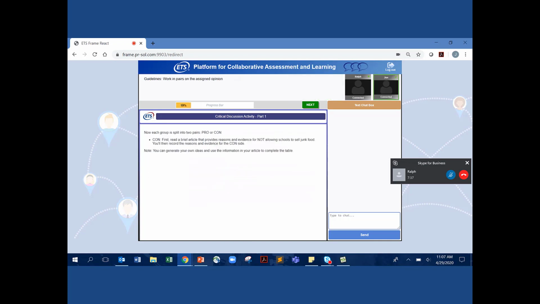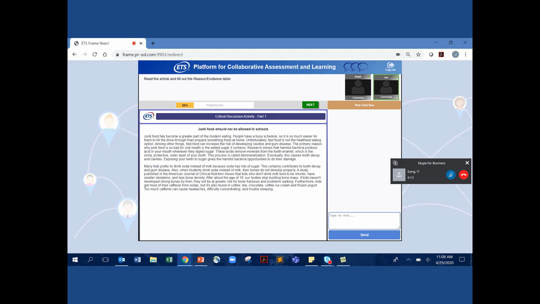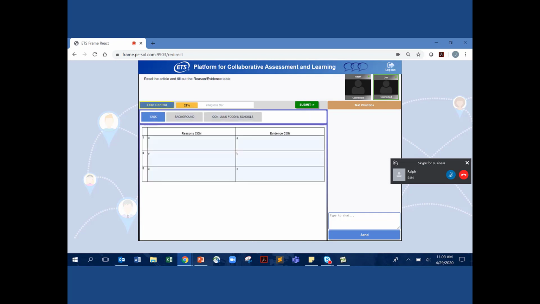And they take the pro side, the other 2 take the con side, and then they write these reasons and evidence for each. And then they send it to the other group and say, do you have questions about this that you want to pose to us? And then they send the questions, and you notice they could be chatting with each other as they do this, both in text as well as in talking.